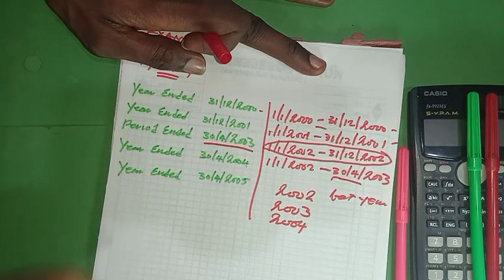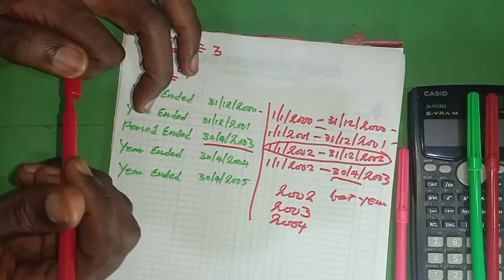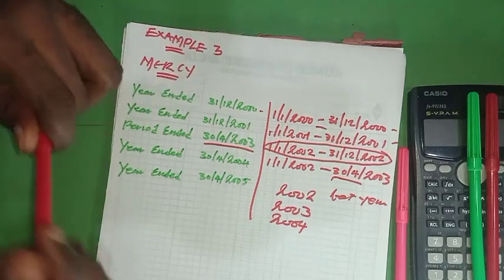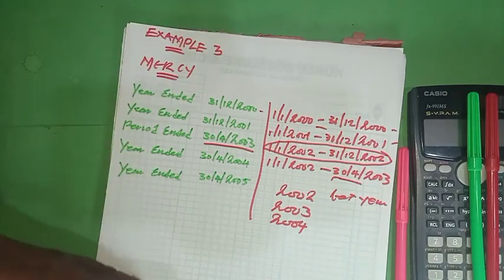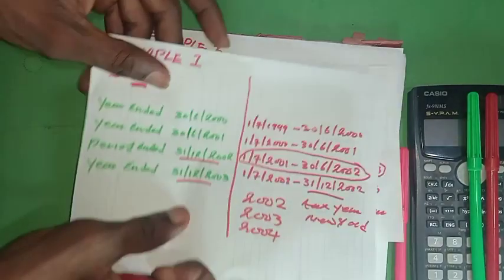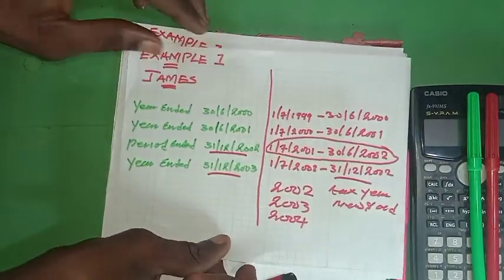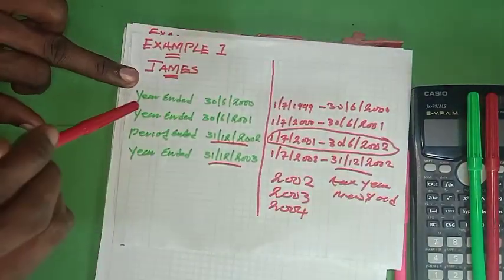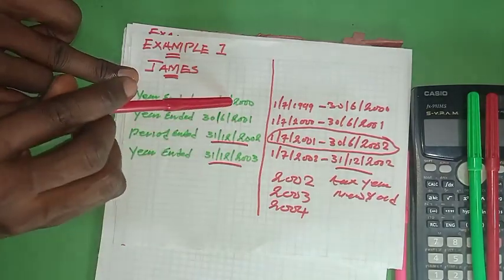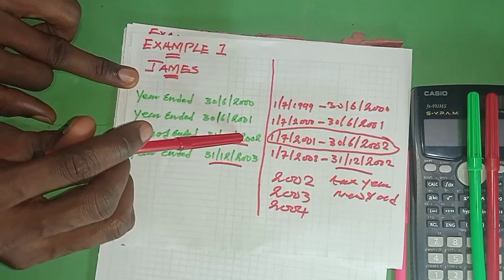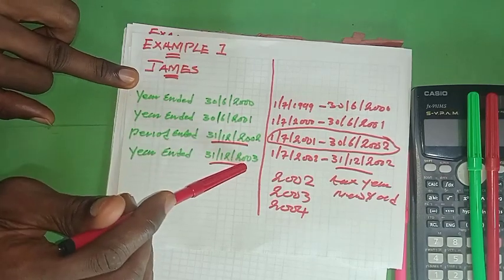Are you with me? Now let me show you another way. Very simple way, but I just needed you to know this so that if anybody asks you, you can explain it. Let me show you another way. Let's start from this first example too. Now if you watch here, you see year end 31st December, year end period. Now you see 2000, 21, 22, 23.